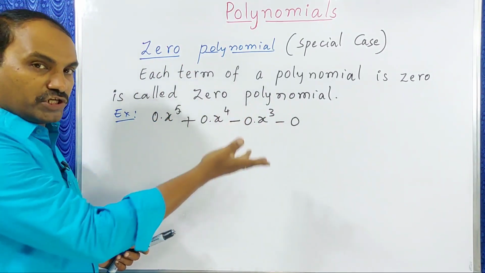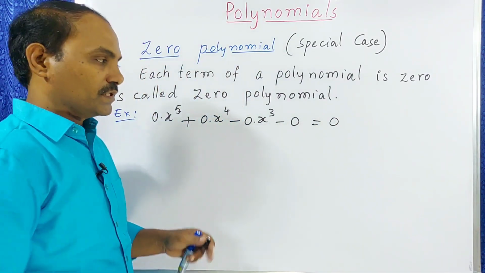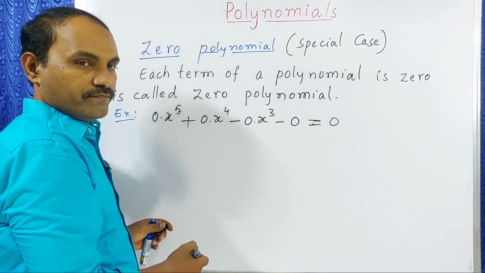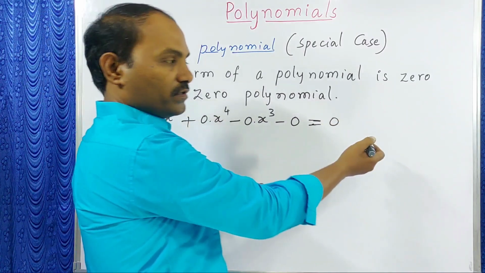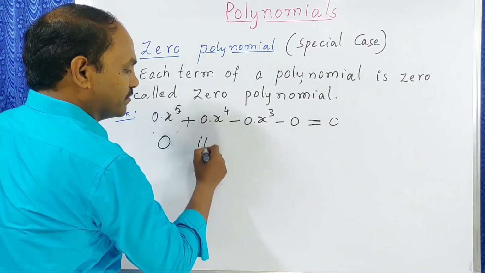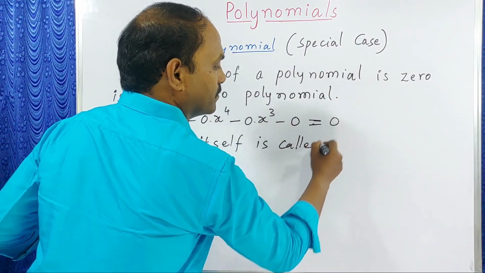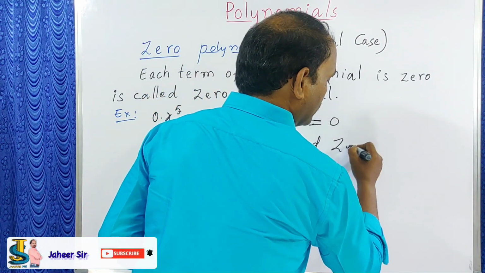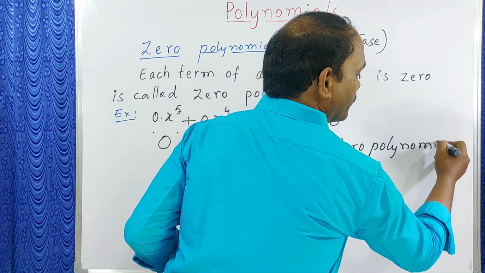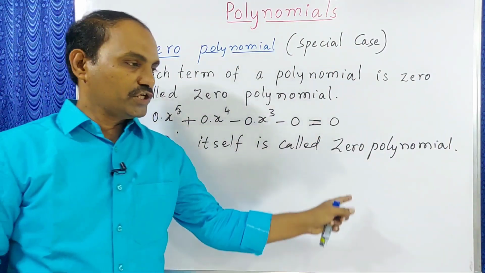All terms are 0. That's why this polynomial value is 0. So 0 itself is called the zero polynomial.